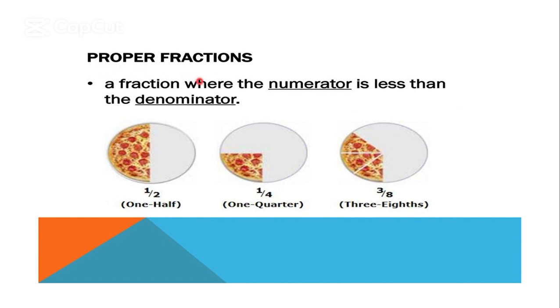When you say proper fractions, these are fractions where our numerator, the number at the top of the fraction bar, is less than our denominator. Like 1/2 is an example of a proper fraction because 1 is less than our denominator, which is 2. 1/4, 1 is still less than our denominator, which is 4.